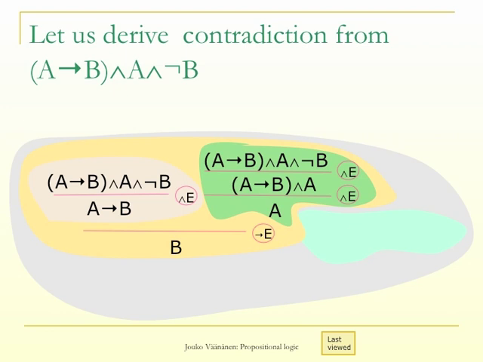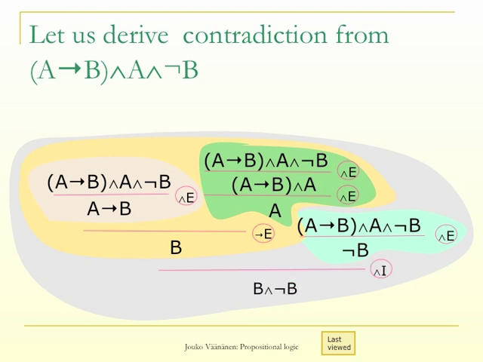Then we apply the implication elimination rule to A implies B and A, obtaining B. Finally, we get not B from the assumption again by means of the conjunction elimination rule. So an application of the conjunction introduction rule finishes the deduction of the contradiction B and not B from the given assumption.